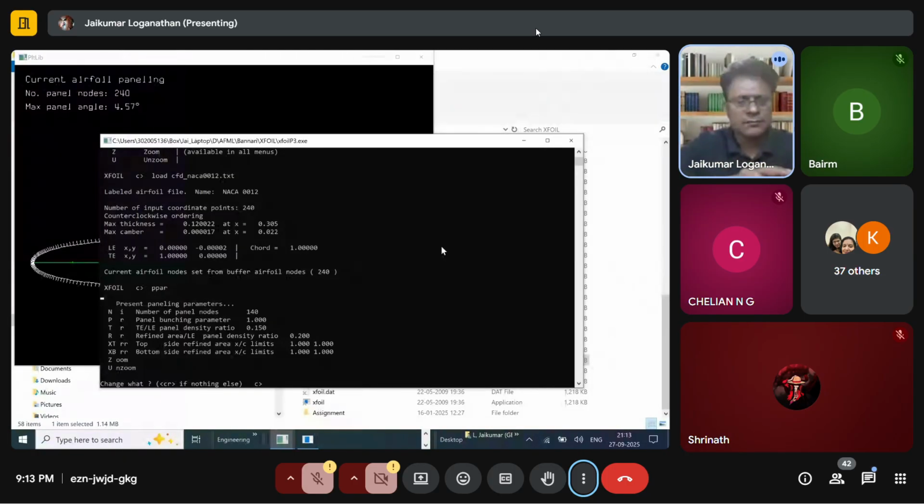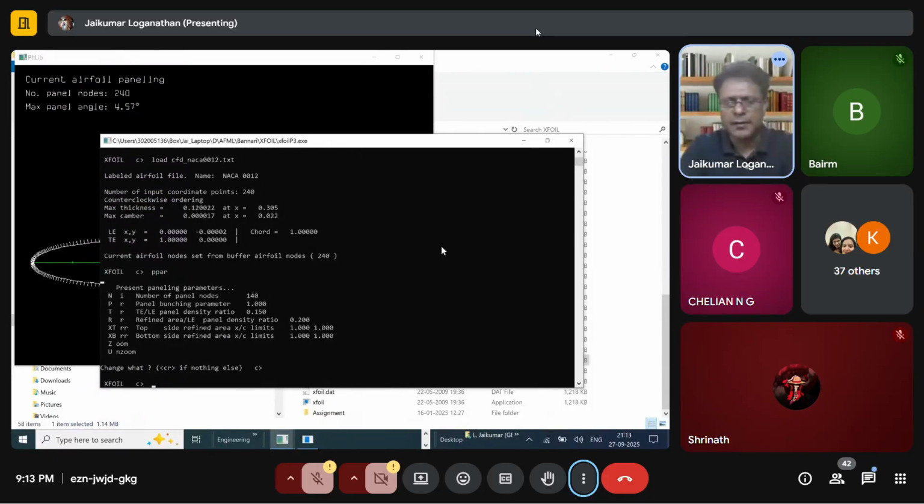You would have taken an airfoil model, kept it in the wind tunnel at some angle of attack, started the tunnel, measured the pressure, and then found the CP, integrated the CP to get the lift and everything, right? That is exactly what we are going to do with this airfoil. Now we will come out of ppar by pressing enter.